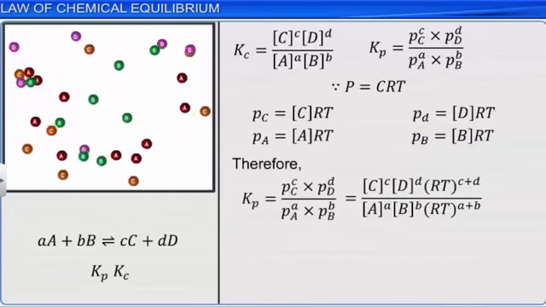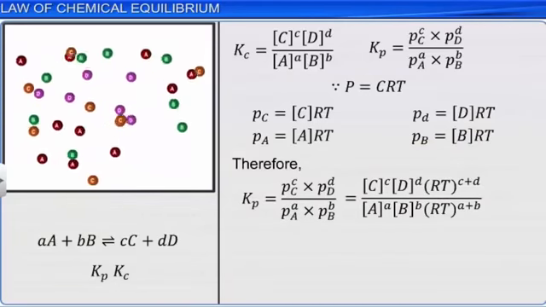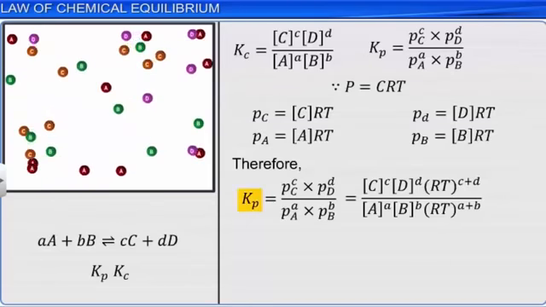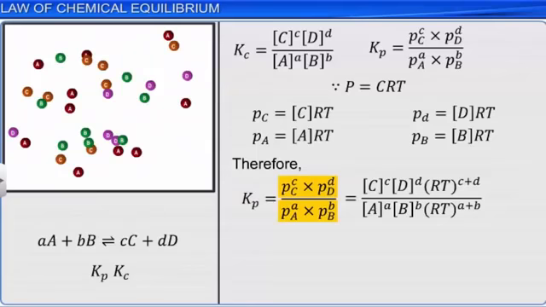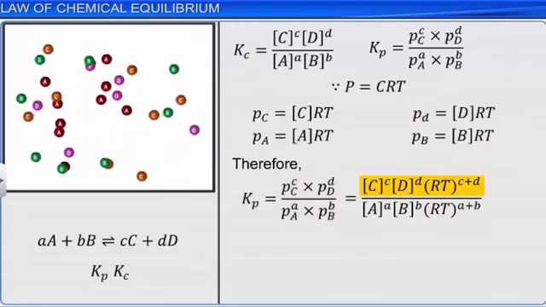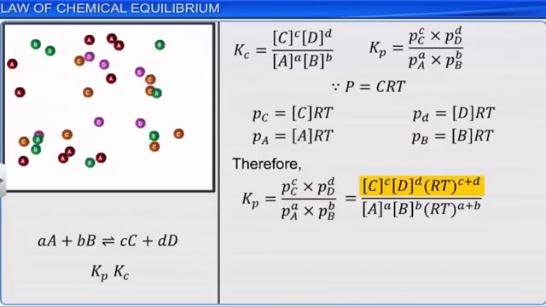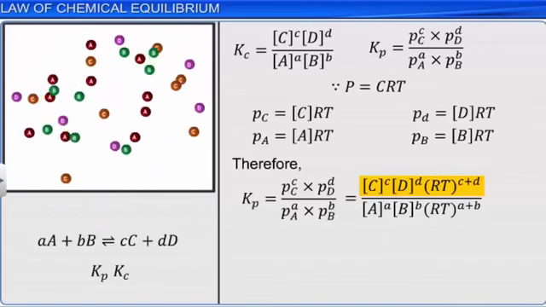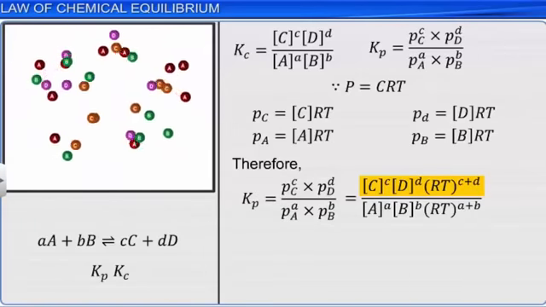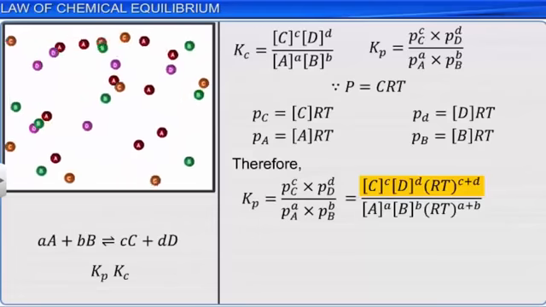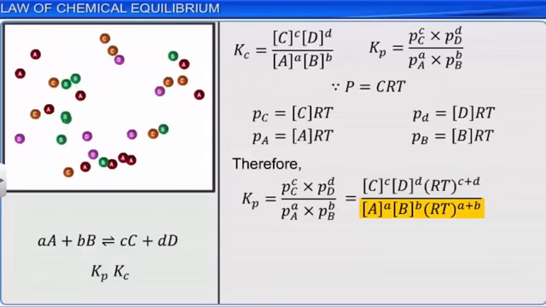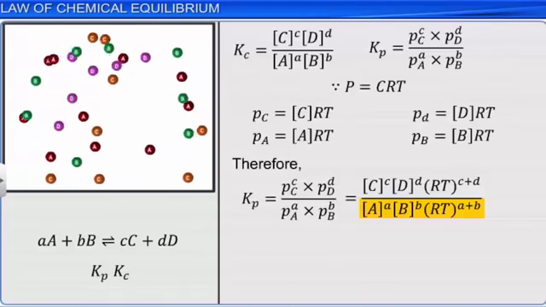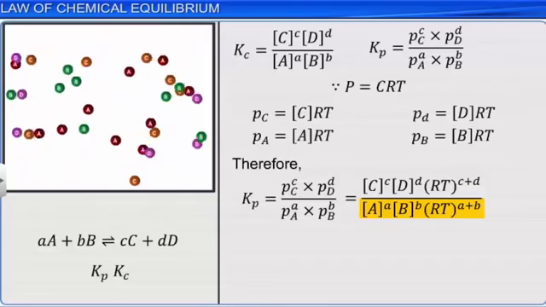the equilibrium constant can be written as Kp equal to the concentration of the products C raised to the power of c, the concentration of D raised to the power of d, multiplied by RT raised to the power of c plus d, divided by the concentrations of the reactants A raised to the power of a and B raised to the power of b multiplied by RT raised to the power of a plus b.